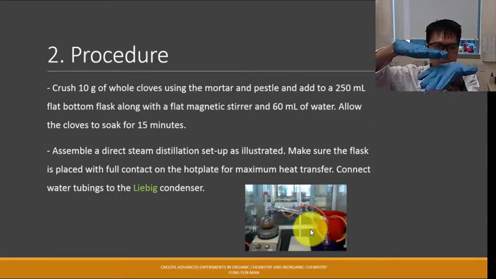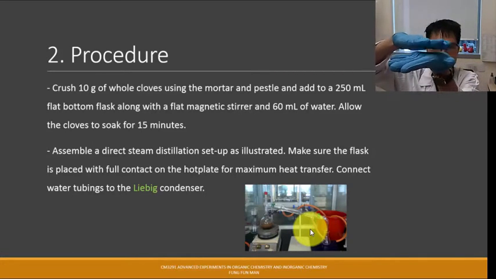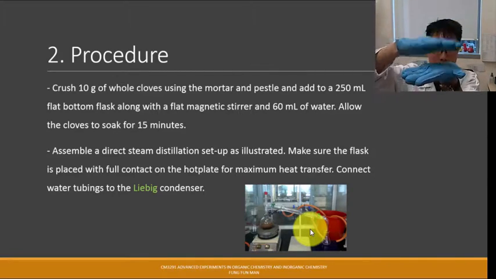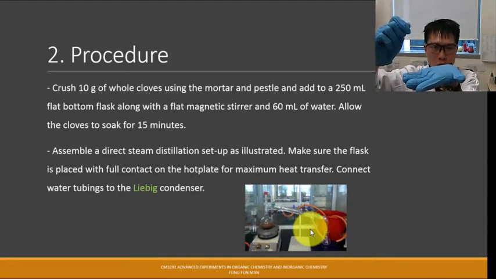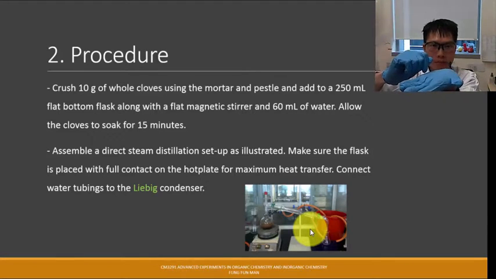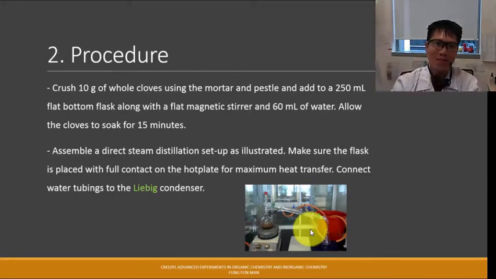You've got to check again, level your eye at the bottom of the flat bottom flask and see there's really no gap. You should really place the flat bottom flask first, make it settle, and then slowly secure the boss head. Do not adjust the boss head and force it down thinking that it is all in full contact. It may take you more than 3 hours, then you can't finish.